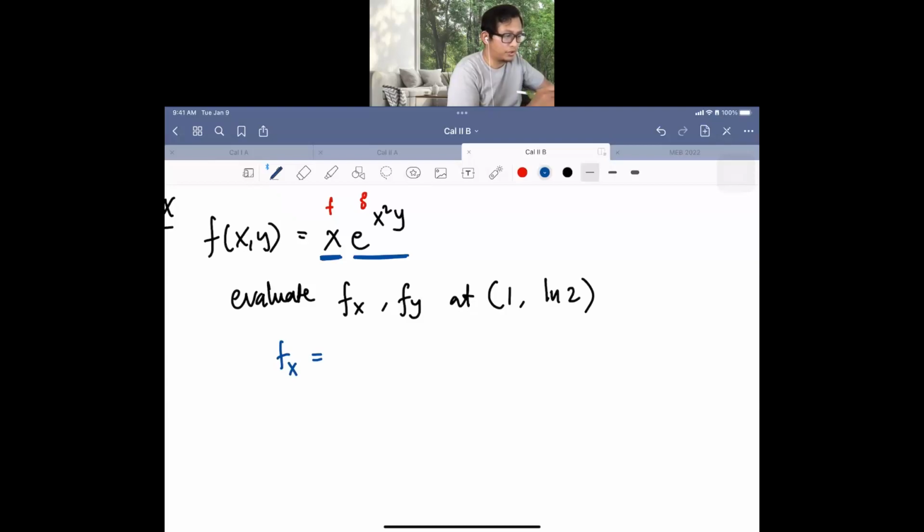First, we have e to the power of x²y, and then plus 2x²y, and then e^(x²y).